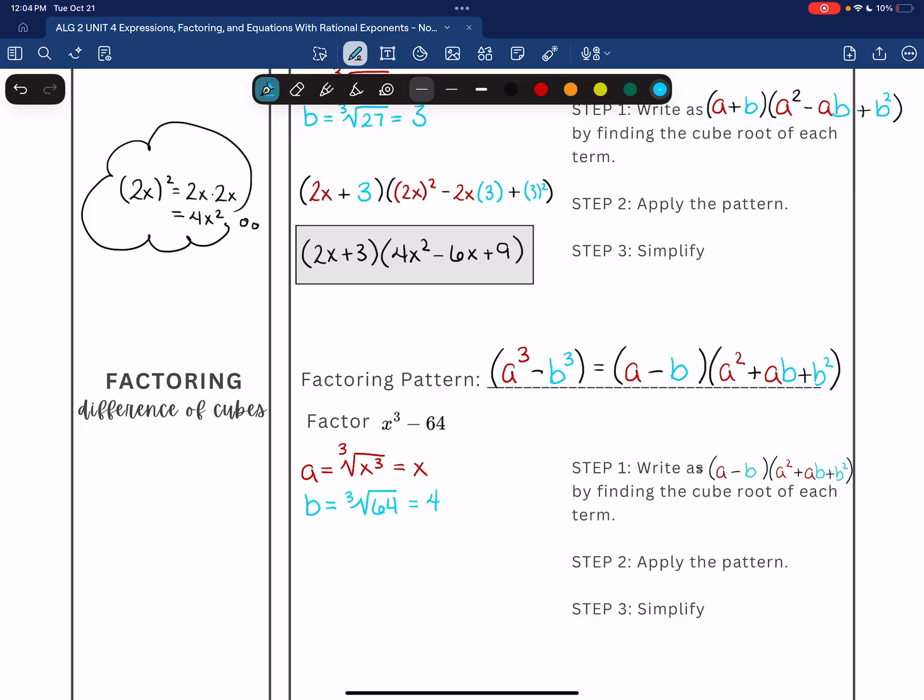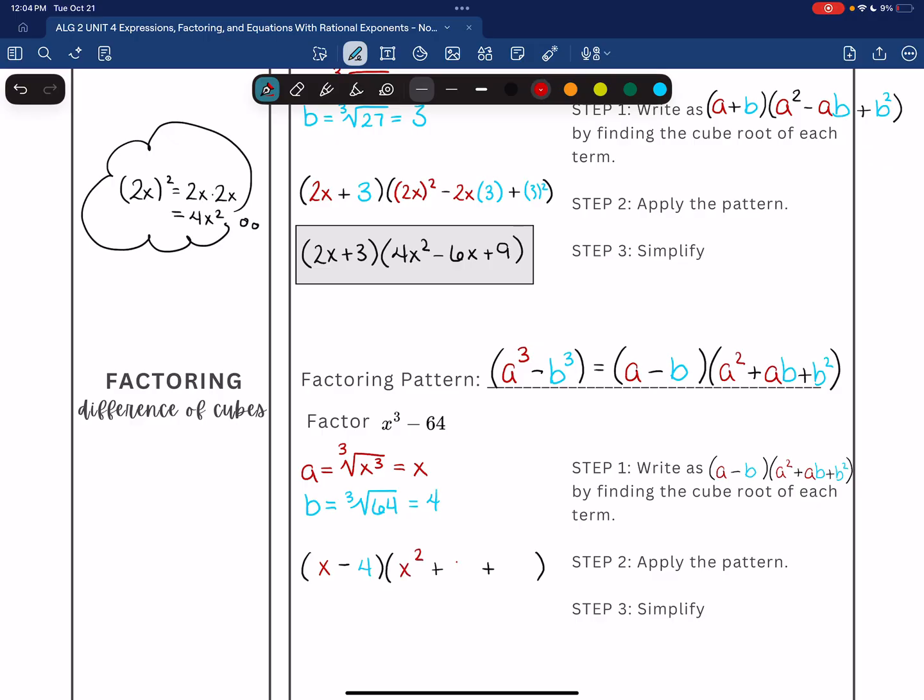All right, so now we're good there. What we need to do is go ahead and substitute our a and b into the pattern. You're going to have subtraction here, and then it's going to be addition between the terms in your trinomial. So our a value is x, our b value is 4. Take your a value and square it. That's nice because it's just x squared.